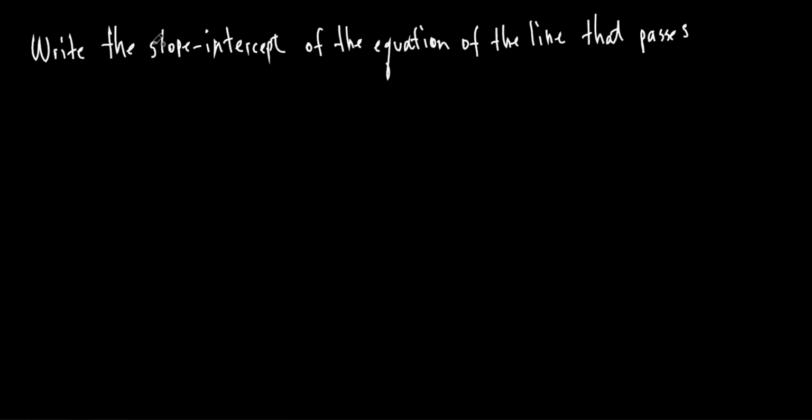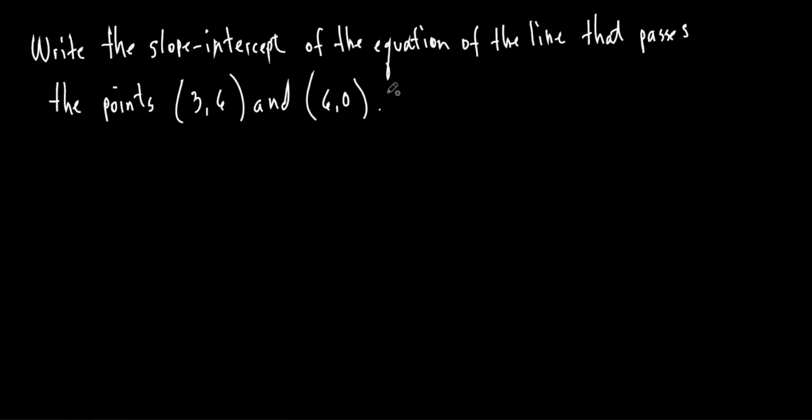I think we've done this already. Through the points, but I'm going to do it anyway. Through the points, here we go. It's 3, 6, and 6, 0.